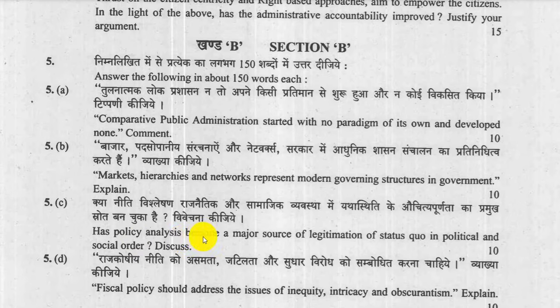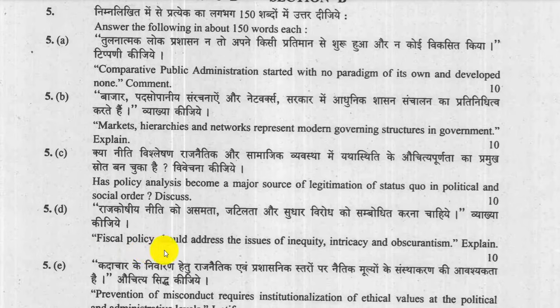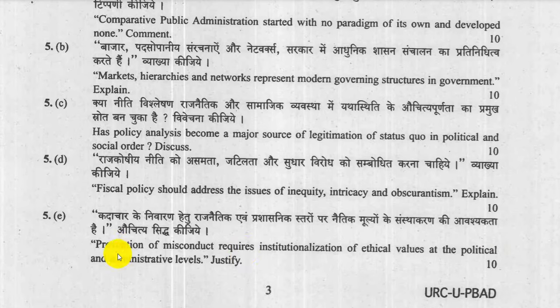Has policy analysis become a major source of legitimation of the status quo in the political and social order? Discuss. Fiscal policy should address the issue of inequality, indignity and obscurantism. Explain. Prevention of misconduct requires institutionalization of ethical values at the political and administrative level. Justify.